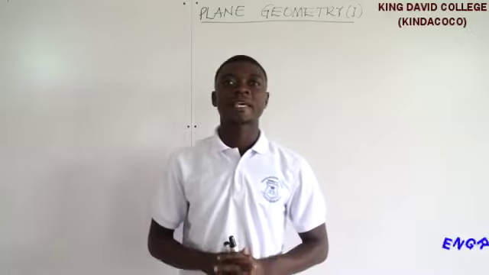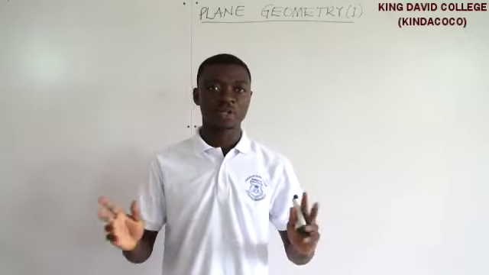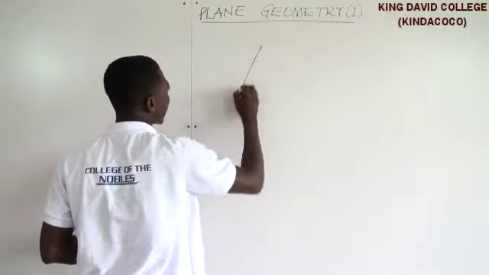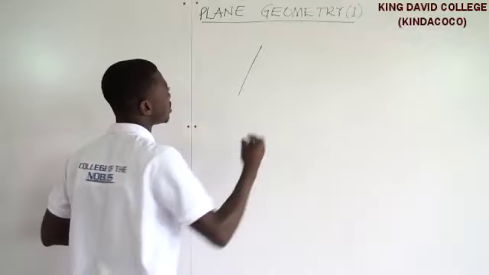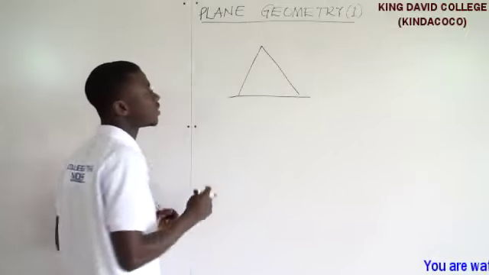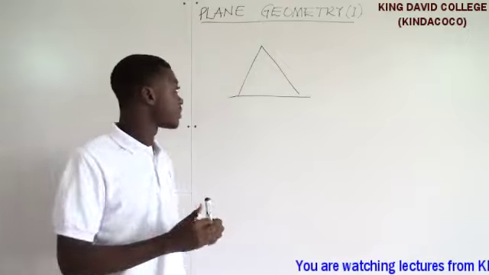So now when we say interior and exterior angle, what do we mean? Supposing we have a specific line like this, and then another one which joins it to form maybe a triangle, or it can be any shape at all. It can be a rectangle, whatever shape.